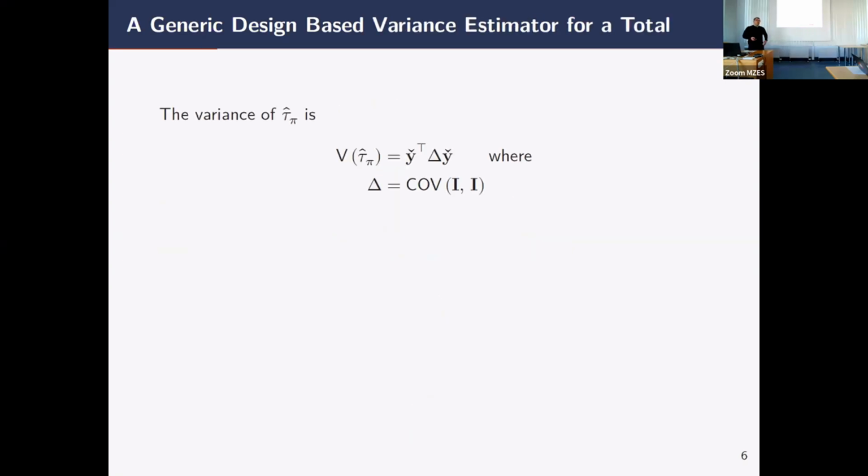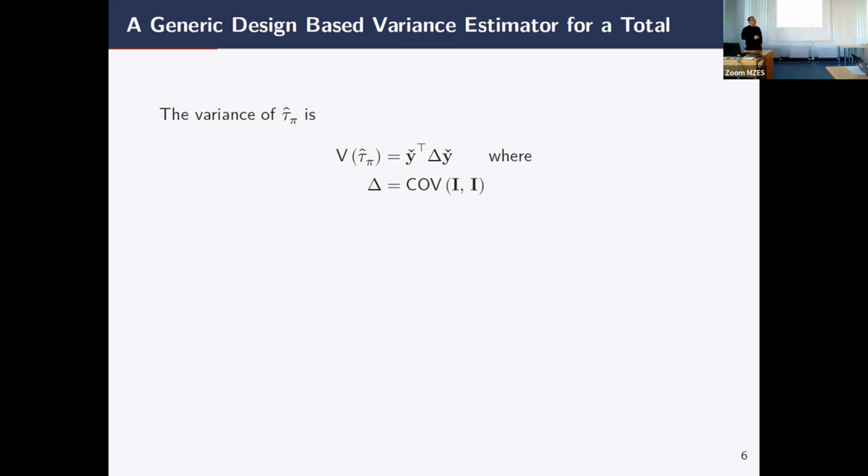Now, to the variance of that estimator, because it's also important, and I'm being generic here, so it doesn't get more complex on this slide. So, what is the variance of that estimator? As I said, the sample indicator is the only random variable here. So variance has a quadratic form. From the left side and then from the right side, I have these vectors for my variable of interest, where the values are divided by their respective inclusion probabilities of the elements.